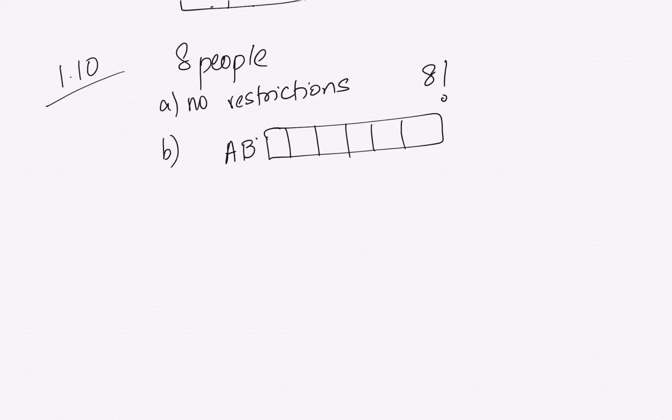What you can do is tie up person A and person B and think of them as one person. All right, and so now what do you have? You have 7 people to arrange. How many ways can you seat them? You can seat them in 7 factorial ways.